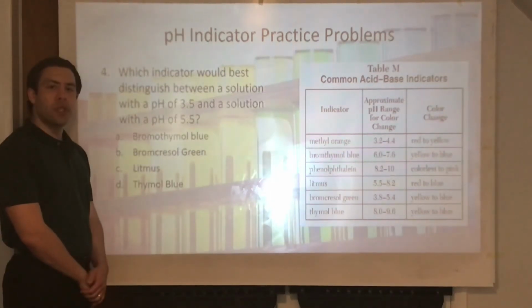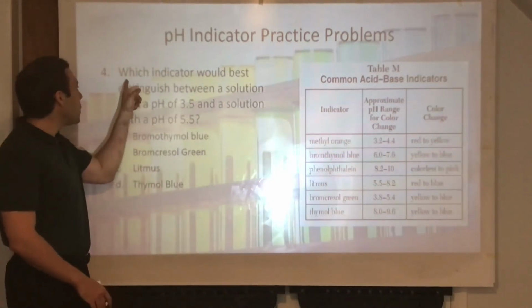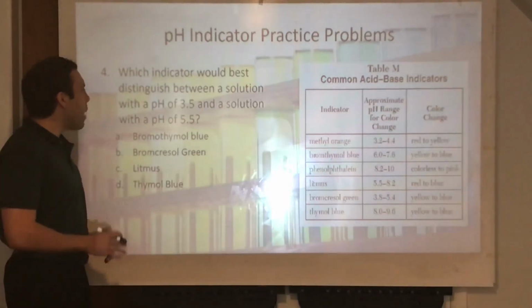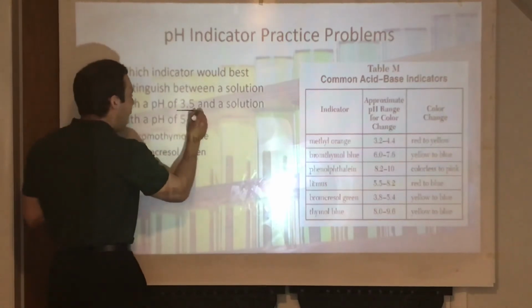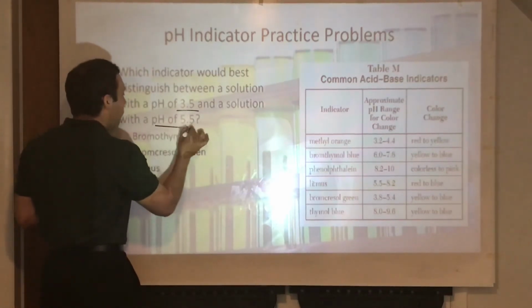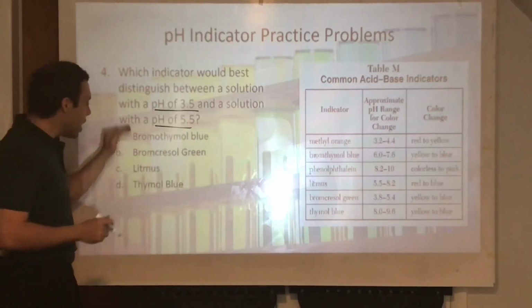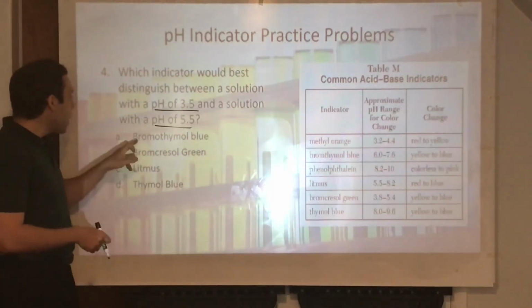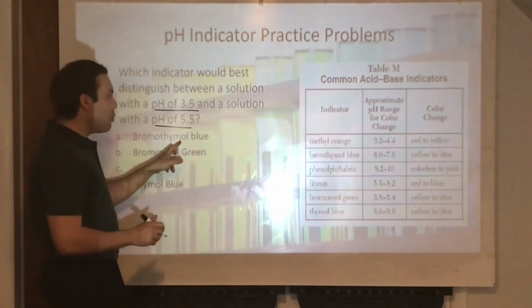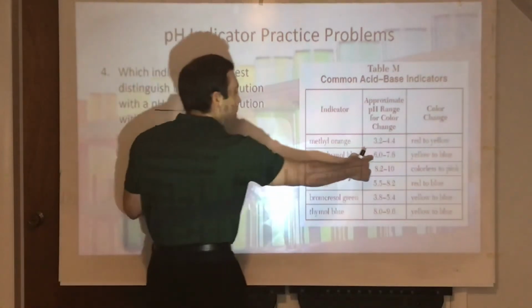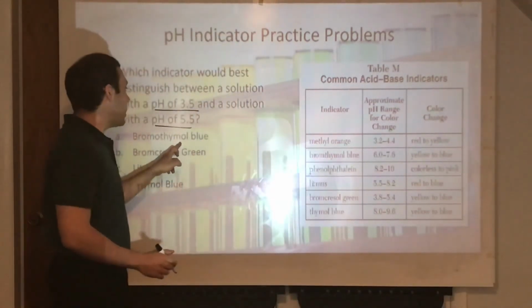Problem number 4 is a tricky one. Problem number 4 states, which indicator would best distinguish between a solution with a pH of 3.5 and a pH of 5.5? Then it gives us 4 choices. Let's take them one at a time. Bromothymol blue. Bromothymol blue goes from 6.0 to 7.6.